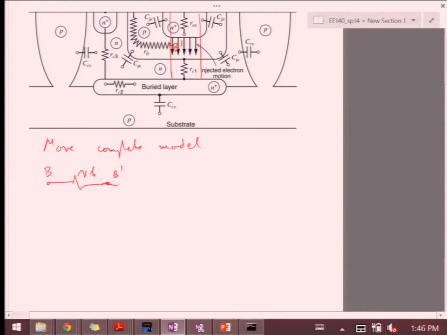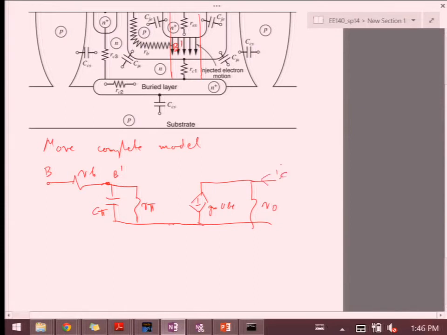So from that point, I'm going to have my R pi. I'm adding another piece that we'll talk about in a second, which is C pi. On the other side, I have my standard GM VBE, and then R naught.